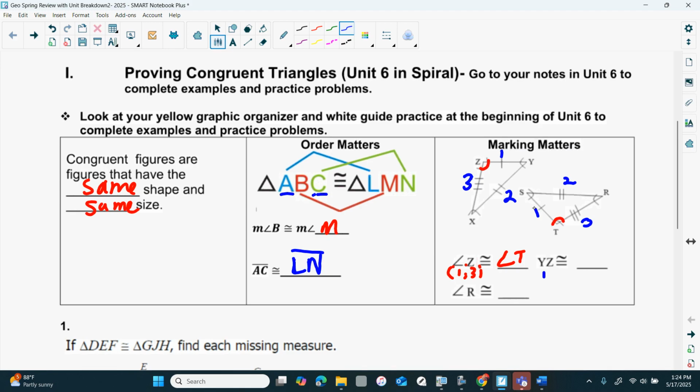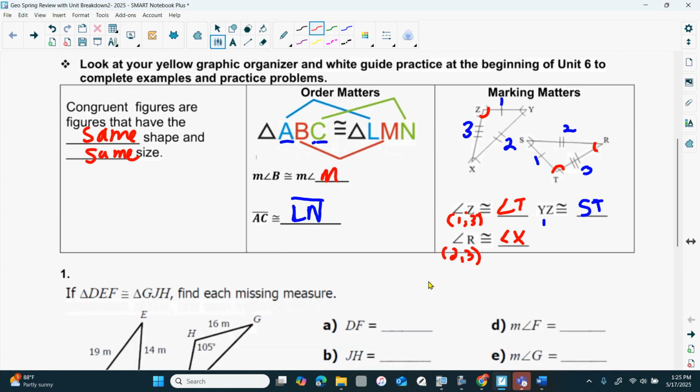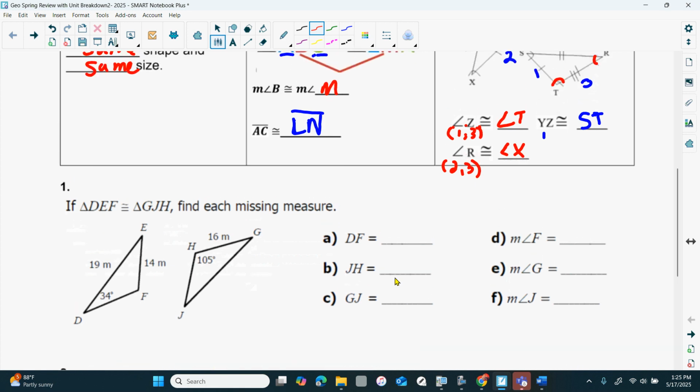That had one tick mark, so I have to match it up with the same thing, which would be ST. And then if I look at angle R, it is over here, and it was between the sides with 2 tick marks and 3 tick marks. I need the same combination, 2 to 3. That would be angle X. Right? So basically, just read what's given here, go to those notes to fill in your examples to help you. And then you're going to have some examples that correlate with that skill.